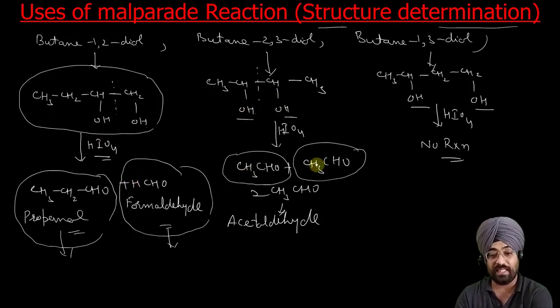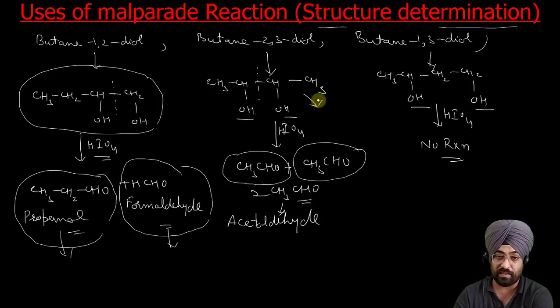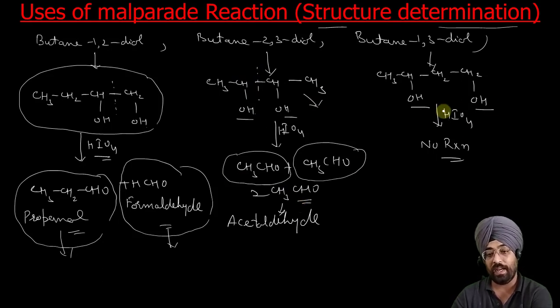If we get 2 moles of acetaldehyde, that means the structure will be like this, because only this structure can lead to 2 molecules of acetaldehyde. And if it is butane 1,3-diol, no reaction will take place. So if no reaction has taken place, that means these OH groups are not attached to one another, so they will be a 1,3-diol, or they can even be a 1,4-diol.